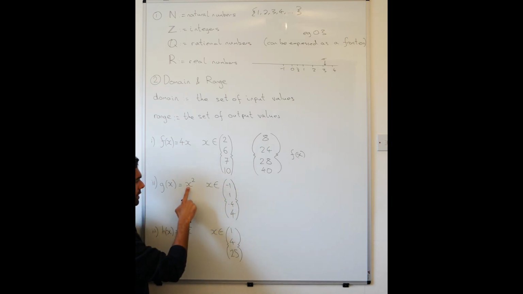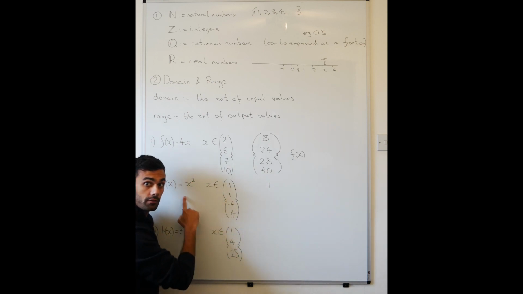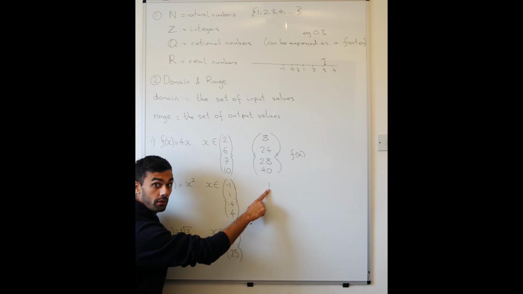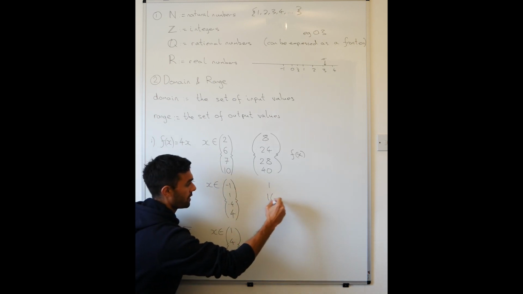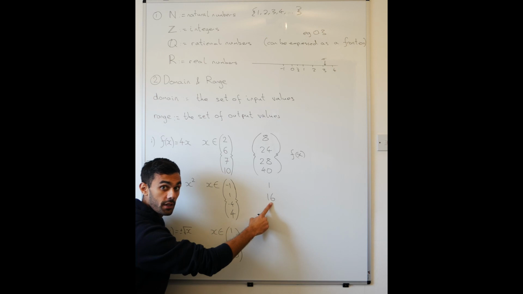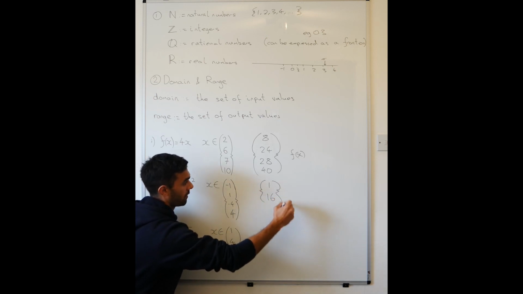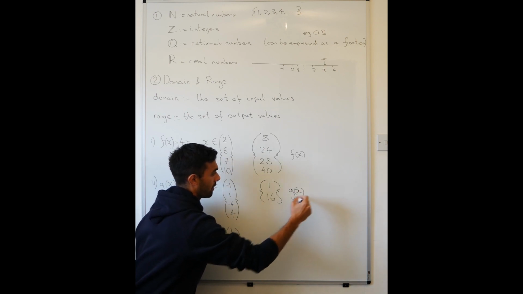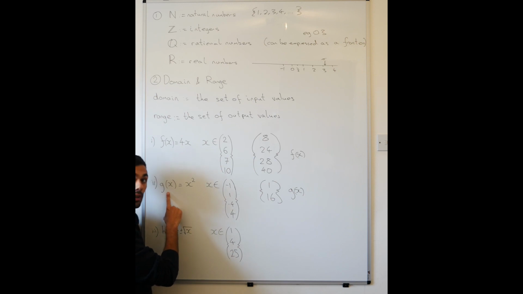Okay, -1 goes in, maps to 1. 1 goes in, it also maps to 1, so I won't write it twice. -4 goes in, goes to 16. 4 goes in, it also goes to 16. So there are only 2 numbers in the range for g of x.